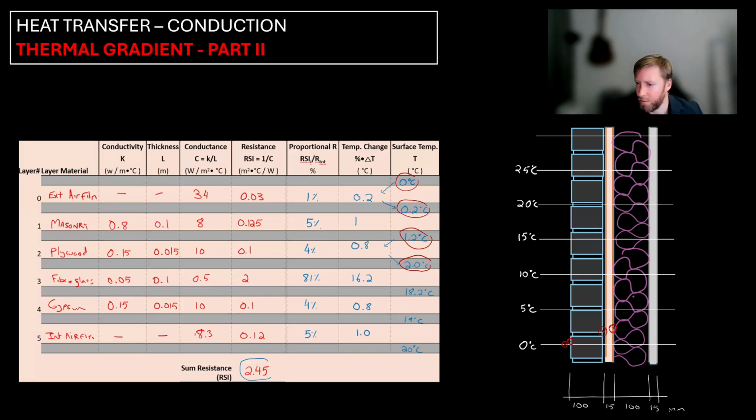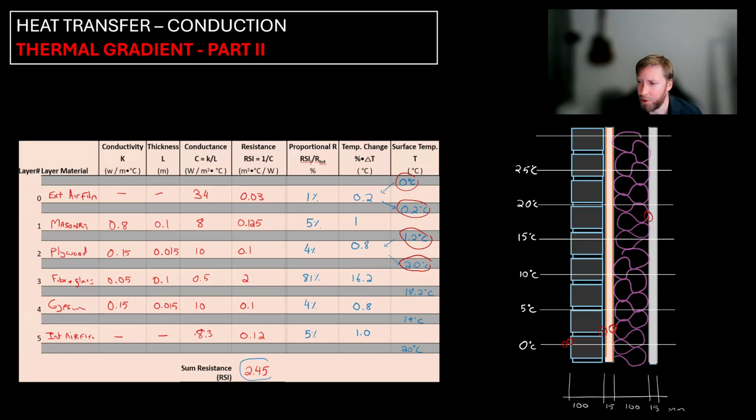Now, as it goes through the insulation layer, it starts off between the plywood and the fiberglass at 2 degrees Celsius. But as it goes through that and gets to the inside of the gypsum board, we see it goes all the way up to 18.2 degrees Celsius. So 18.2 is going to be somewhere around here. I've drawn that there.